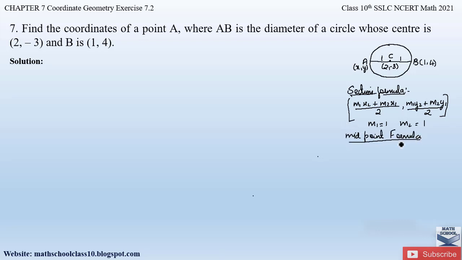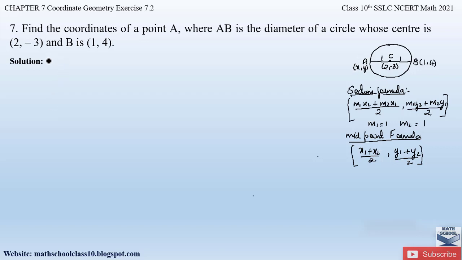The midpoint formula is given by (x1 plus x2) divided by 2 and (y1 plus y2) divided by 2. So always remember, whenever a point is dividing a line segment AB in equal ratio, that is 1:1, we will use the midpoint formula in such cases. So using this midpoint formula, we will find out the coordinates of point A.